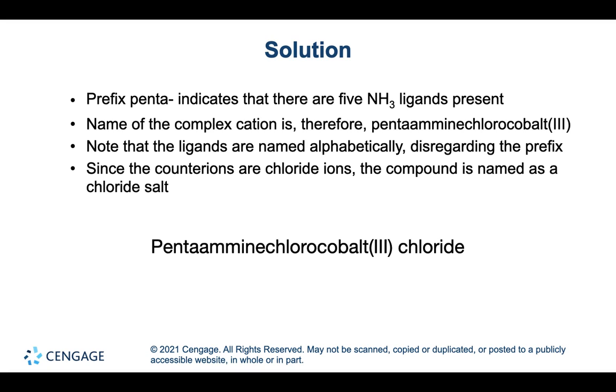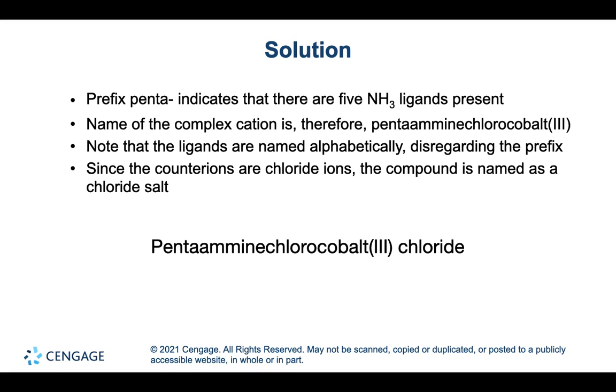And we put the ammonias first because alphabetically A comes before C. And remember, you name the ligands before you name the transition metal ion, and then finish with the name of the counterion.